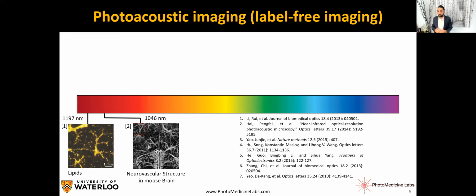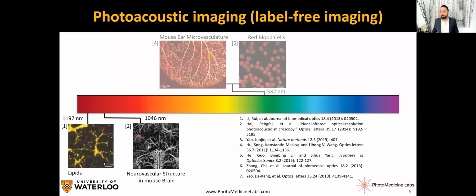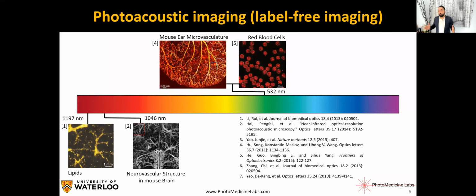For example, 1046 has been used to image neurovasculature structure in mouse brain. As I mentioned, the visible range, in this case green or 532, has been used to take advantage of hemoglobin optical absorption for us to be able to look at red blood cells or eventually microvasculature structure.